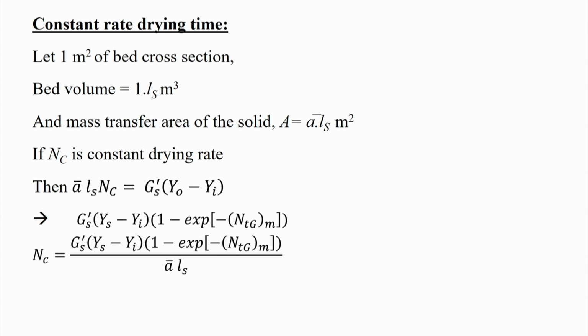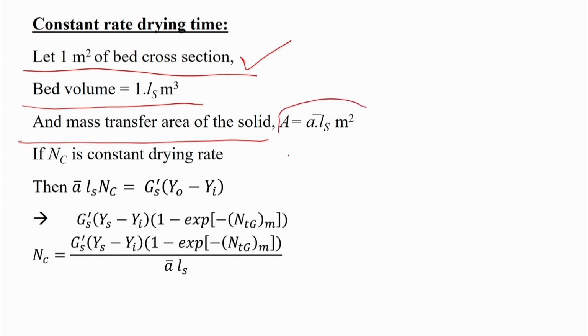Let us take 1 meter square of cross section area; we can assume any area, but for simplicity we have assumed this. Then the bed volume is 1 into L s meter cube, and the mass transfer area of the solid A will be equal to A prime into L s. If N c is the constant drying rate, then A prime into L s into N c is equal to G s prime into (y minus y I), that we know.